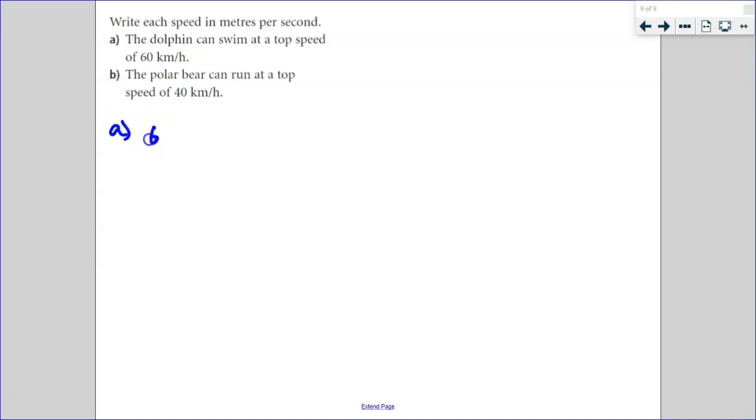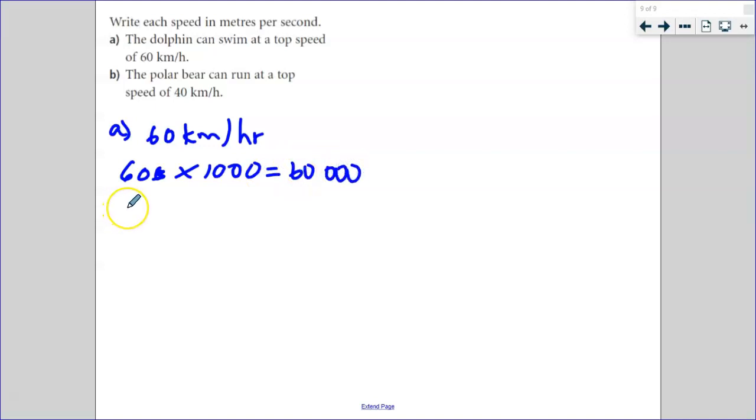So it's going at 60 kilometers per hour. So we want to change that. Sorry, 60 times 1,000. So we want meters, right, per second. So that's going to give us 60,000. And now we want minutes per hour. So we're going to take that 60,000 and divide by 60, because there's 60 minutes in an hour, and that will give us 1,000 meters per minute.